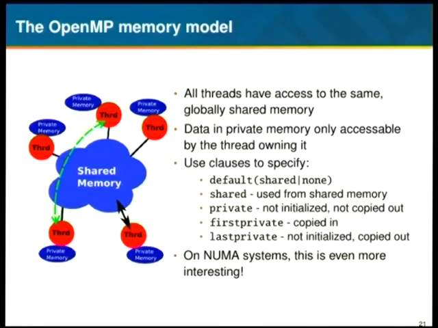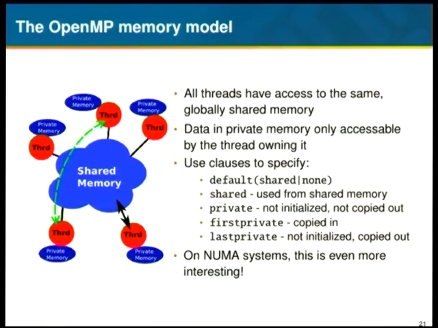Sounds good, does it? Unfortunately, when you are working with multiple threads, you will face at some point the situation where you have threads that need local data, that need data that is not shared. We'll see quite a few examples further down in the slides. But you need to start paying attention to which memory is allocated where.